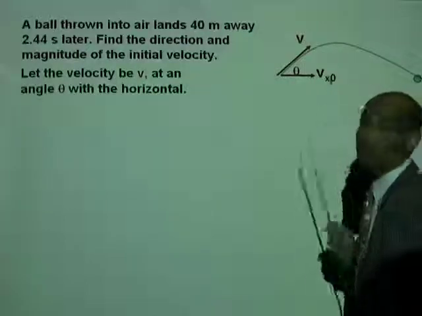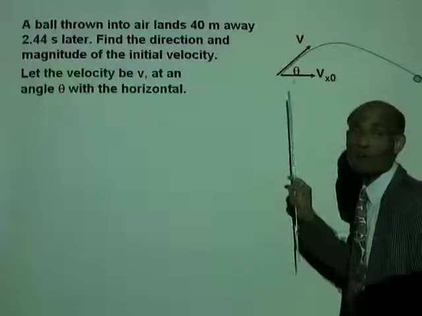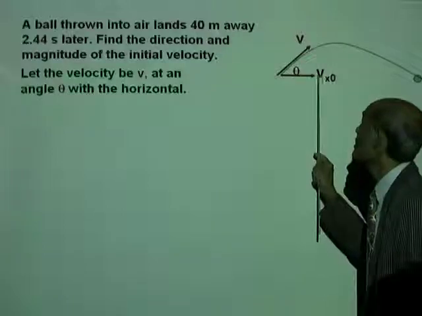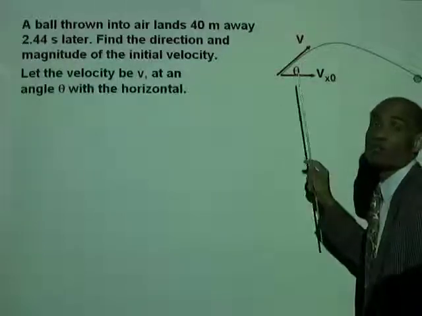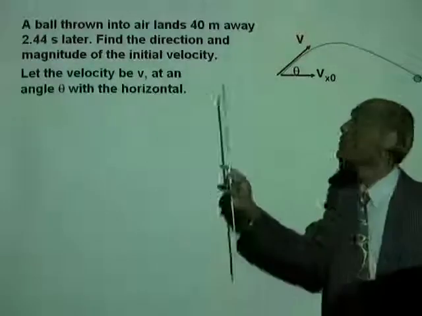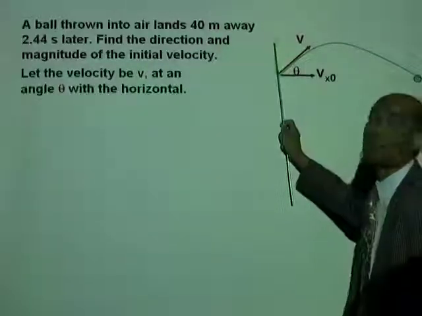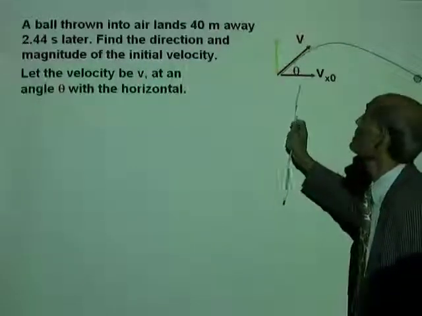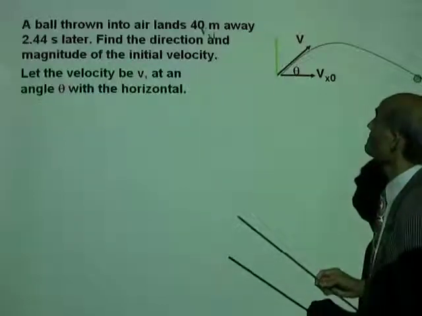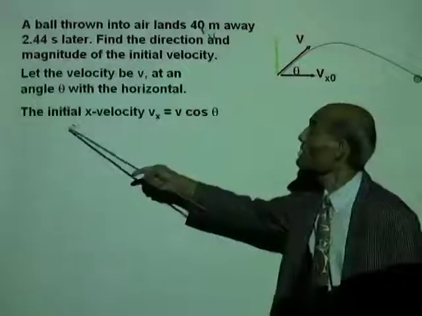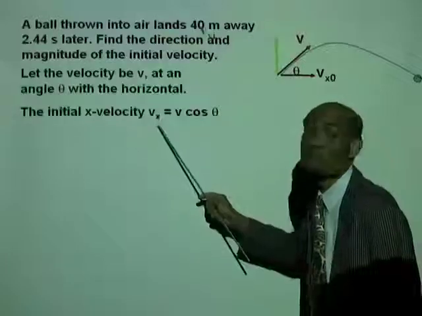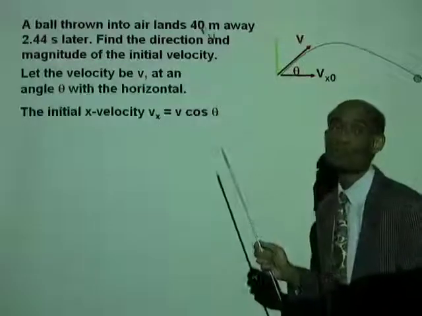Now the horizontal component of the velocity, Vx0, which is the same as Vx, will be V cos theta, is that right? And the vertical component will be V sin theta. The initial x velocity Vx is equal to V cos theta.